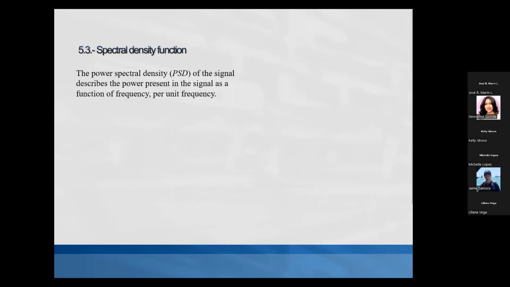The power spectral density (PSD) of the signal describes the power present in the signal as a function of frequency, per unit frequency. Okay, so what we do here is, let's suppose that you have a combination of many regular waves.